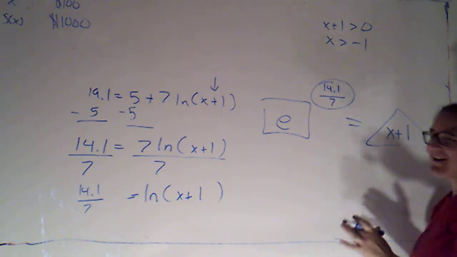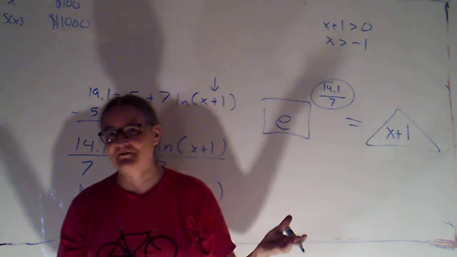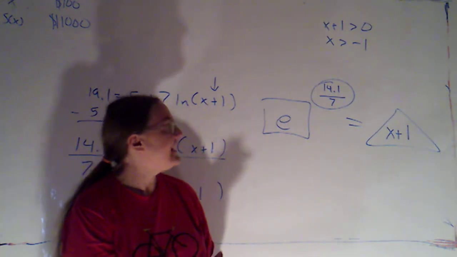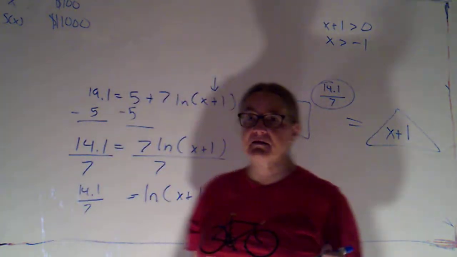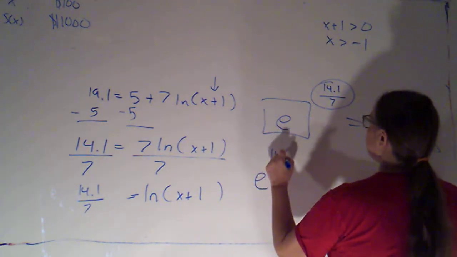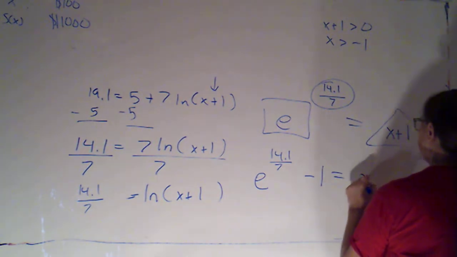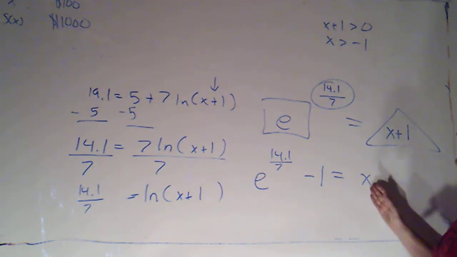Now, that's not quite as nice as some of the things we've seen before, where we had something like 3 cubed and we could just do that mentally. That's okay. I still want to be solving for x, so I'm just going to subtract over the 1. So e to the 14.1 divided by 7 minus 1 is equal to x.